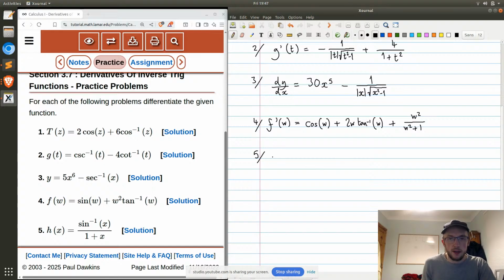And for the fifth one, we have a quotient to contend with, so we apply the quotient rule, and that goes f prime g minus f g prime over g squared. So f prime g, so we must find the derivative of arc sine x. The derivative of arc sine x is rather d by dx of arc sine x is 1 over root 1 minus x squared.